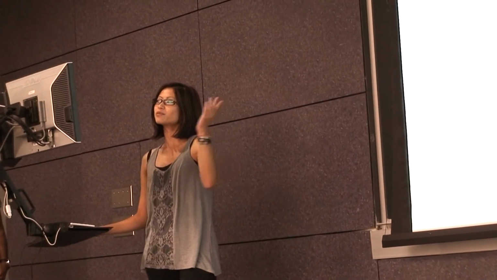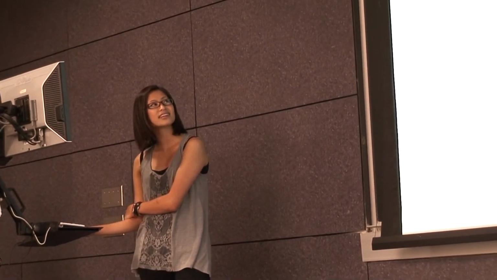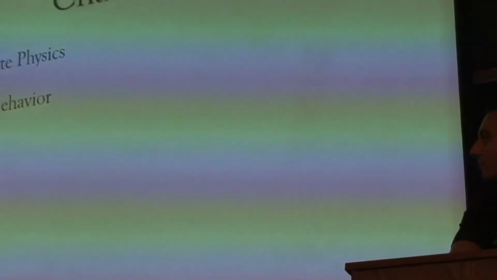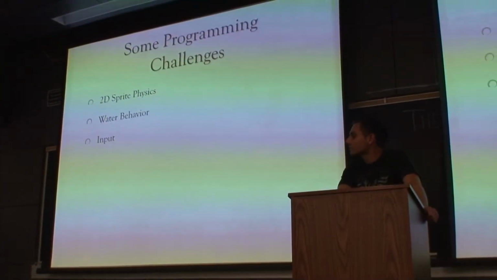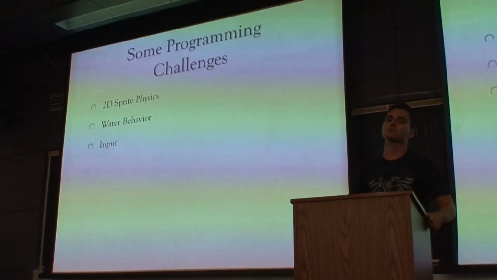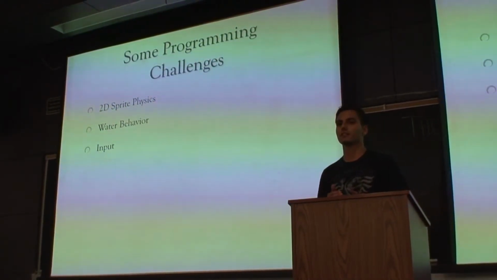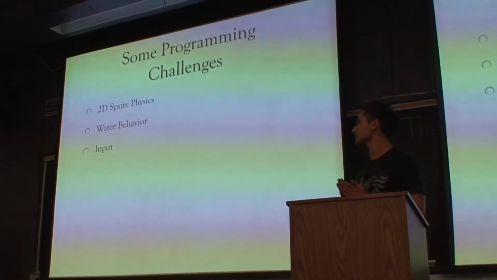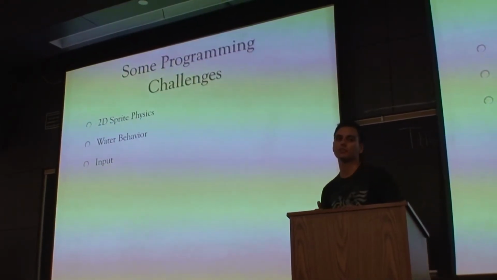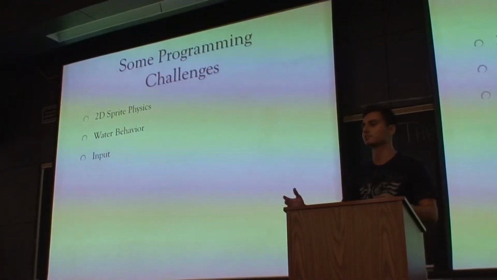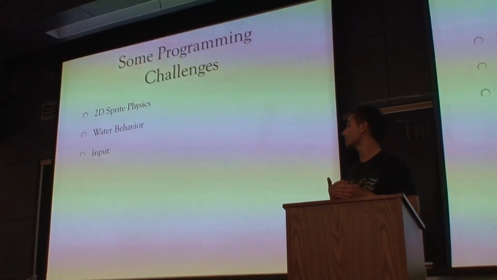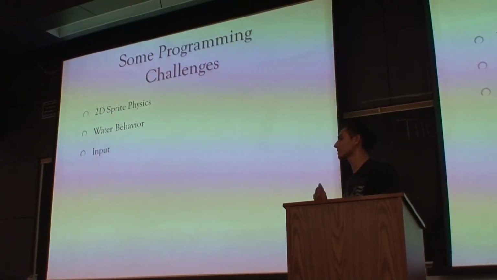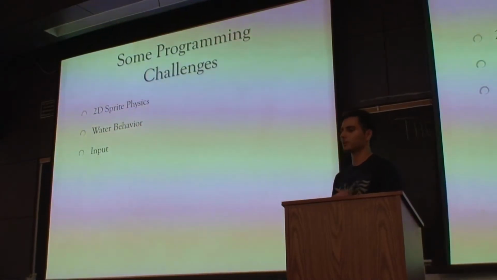But in terms of programming, these are some programming challenges that some of our engineers will eventually face. It's really important for our team that the character and the things around the character behave realistically. So if the character pushes a box or interacts with an object, it's really important that everything reacts as it would in the real world. So how are we going to approach physics with sprites in Unity?